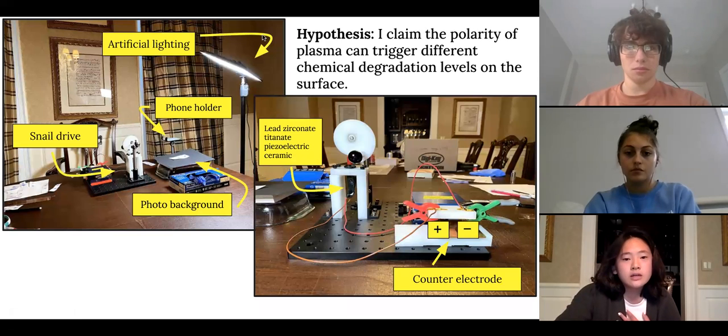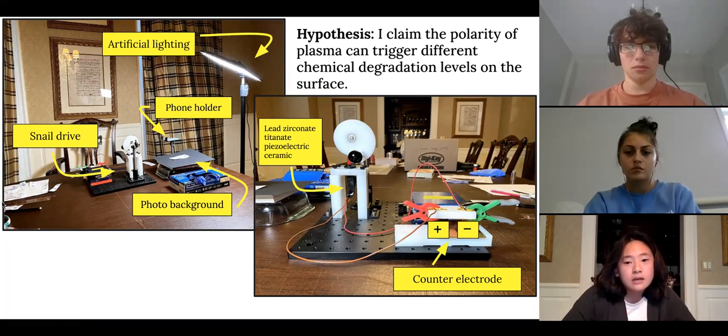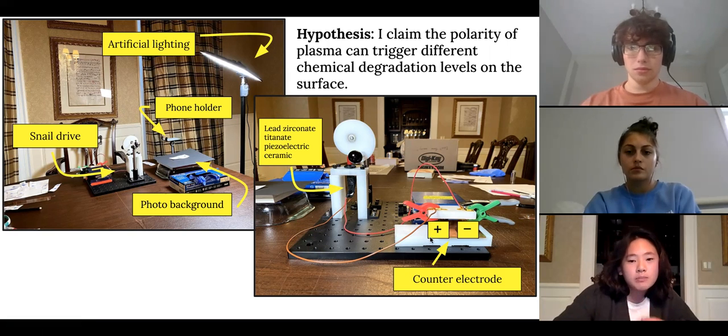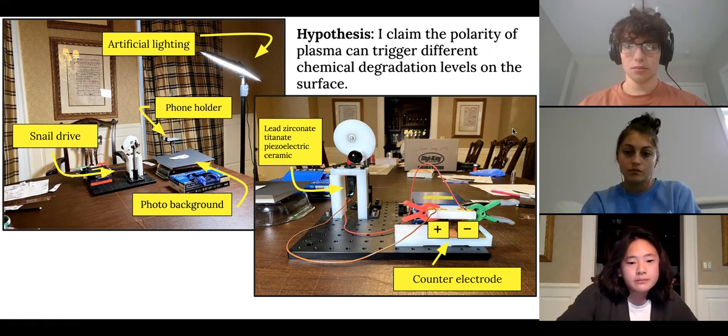So here is my setup. My hypothesis is that the polarity of plasma can trigger different chemical degradation levels on the surface. What we're looking at here is the difference between the positive electrode and the negative electrode and how that affects dye on a piece of paper.